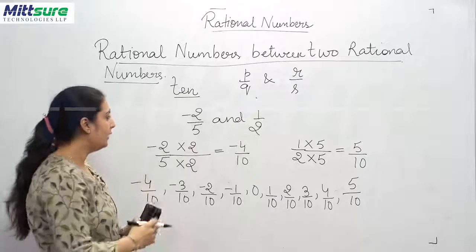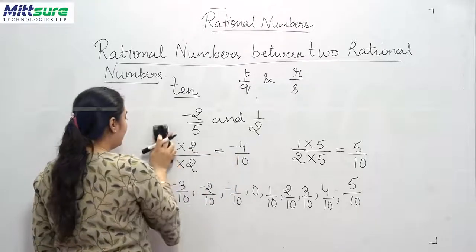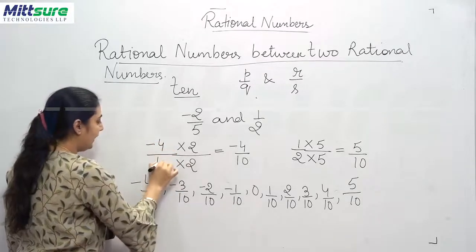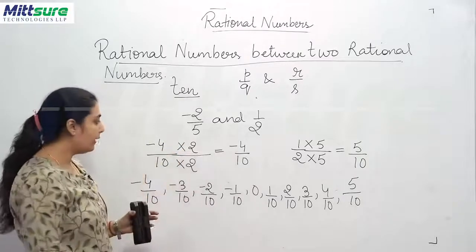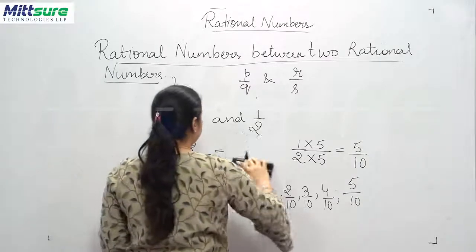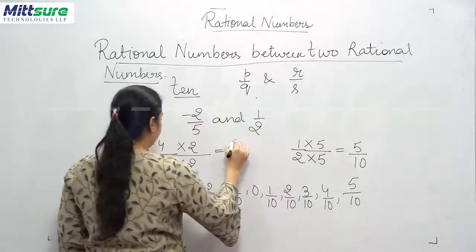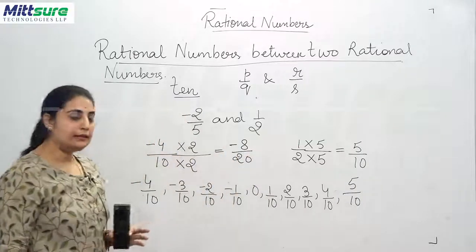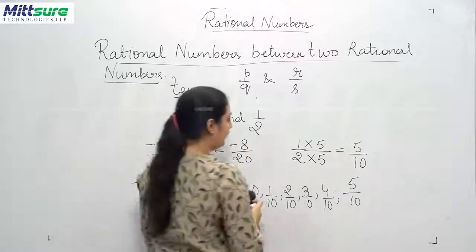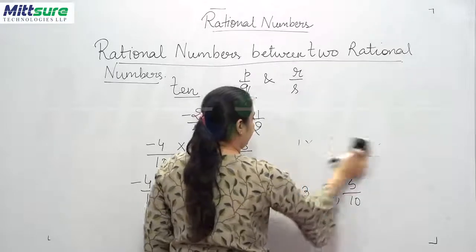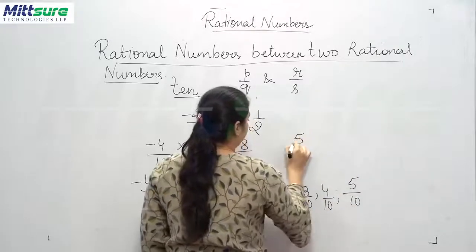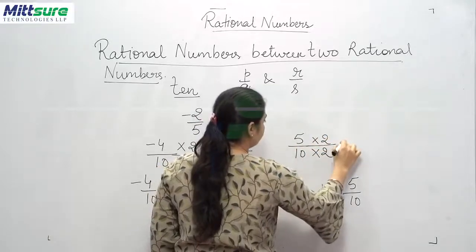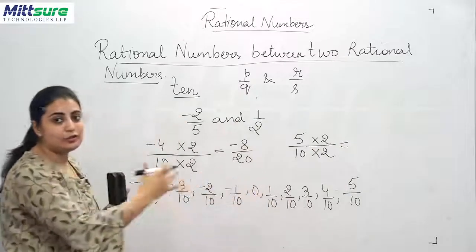So again, I will multiply -4 upon 10 by 2. What will I get? I will get -8 upon 20. Clear? Now 5 upon 10 will also be multiplied by 2 to increase the range of the numbers.